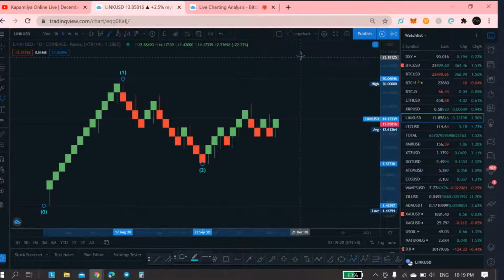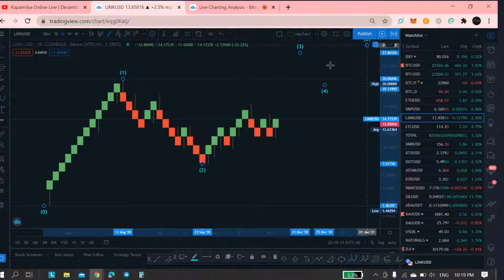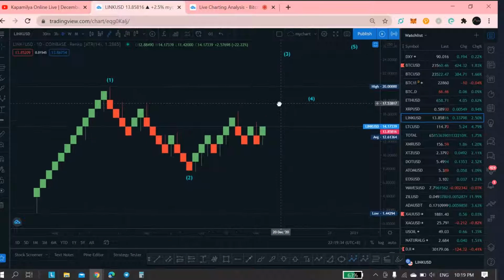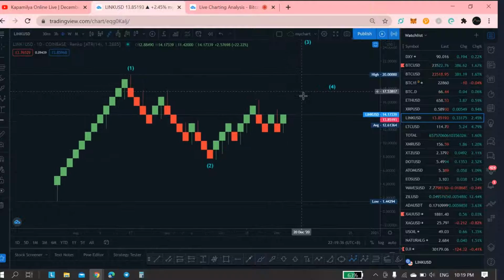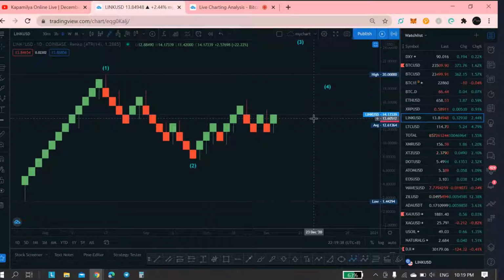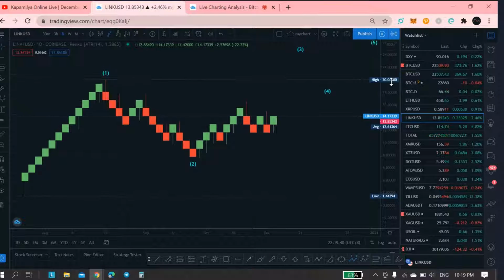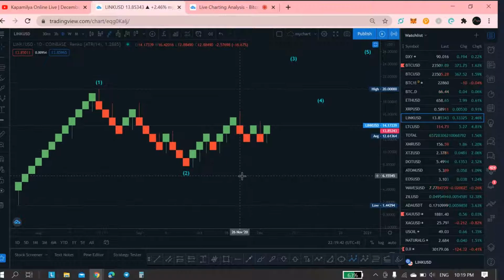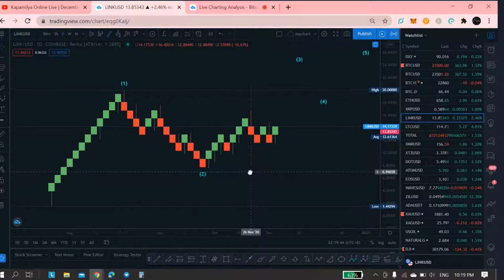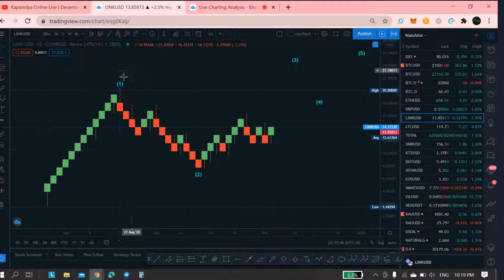Anyway, I'm not an Elliott Wave master, I just know the basics of it, and I'm still continuing to learn. Every day is continued learning. There, so that's wave 1, wave 2, and currently we are at wave 3.